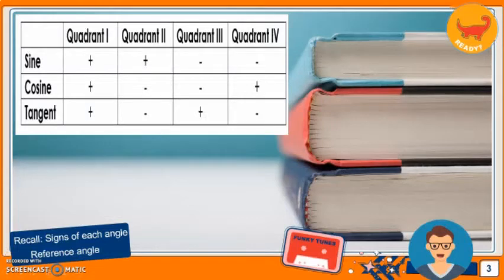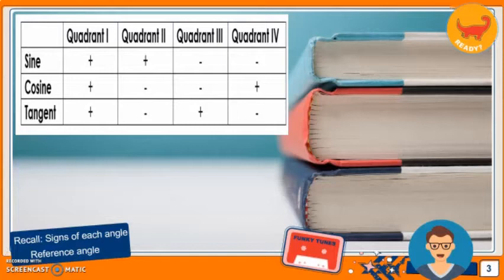In quadrant 1, sine, cosine, and tangent would be positive, while in quadrant 2, sine is positive while cosine and tangent is negative. In quadrant 3, only tangent is positive. The rest would be negative. While in quadrant 4, cosine is only positive while sine and tangent is negative.